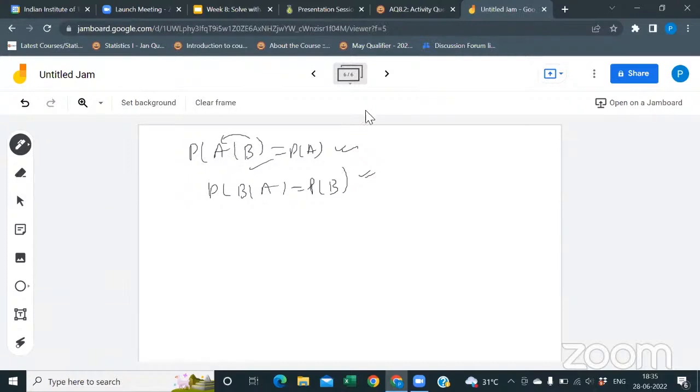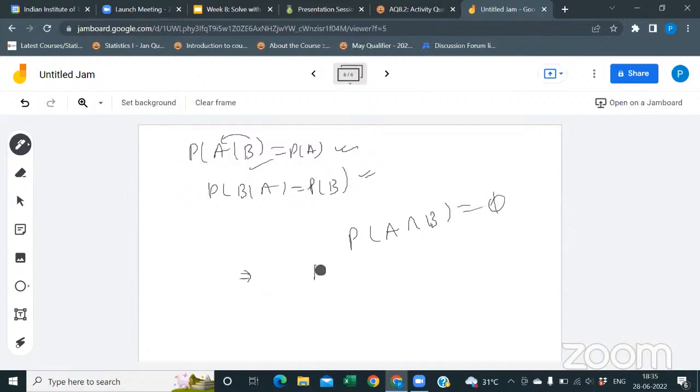Sir, are mutually exclusive events and independent events the same? Okay, how are they the same? Mutually exclusive means what? Probability of A intersection B is equal to 0. Tossing of a coin gives mutually exclusive events. Head and tail cannot occur simultaneously. An independent event is also not dependent on the other. That's why I guess. You are getting confused, actually.